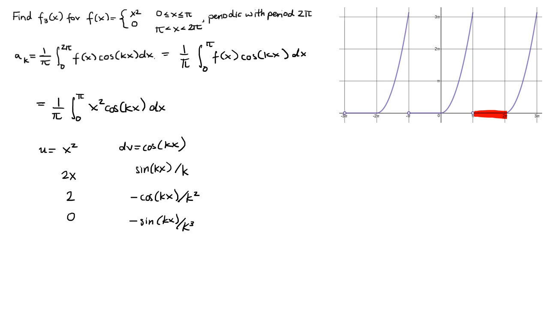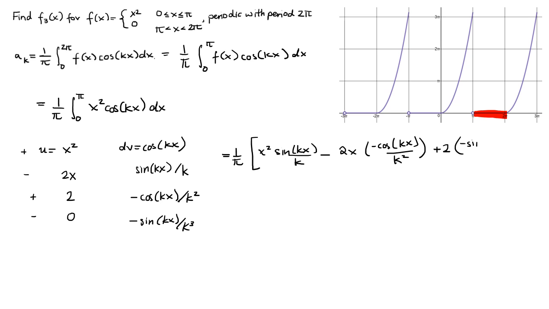Okay. So our integral is 1 over pi times, okay, so we do plus, minus, 1 over pi times x squared sine of kx over k, minus 2x times negative cosine of kx over k squared, plus 2 times negative sine of kx over k cubed.